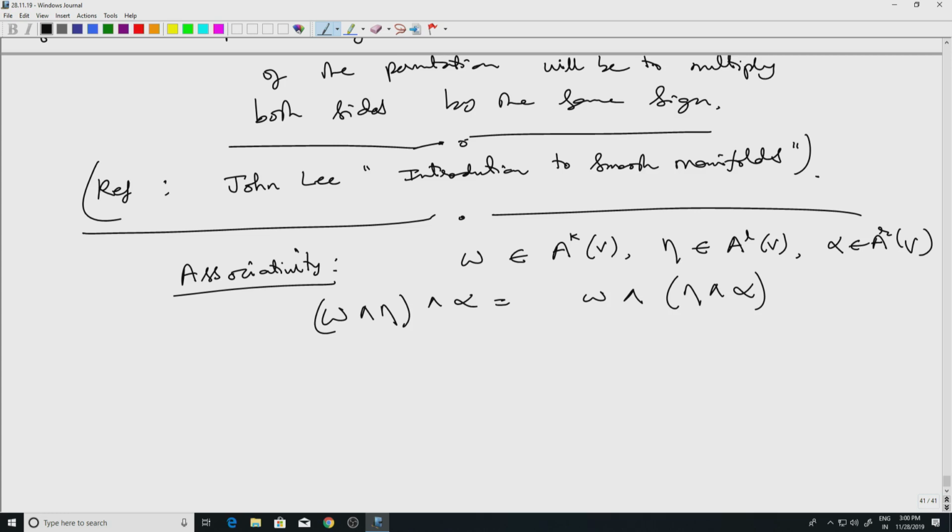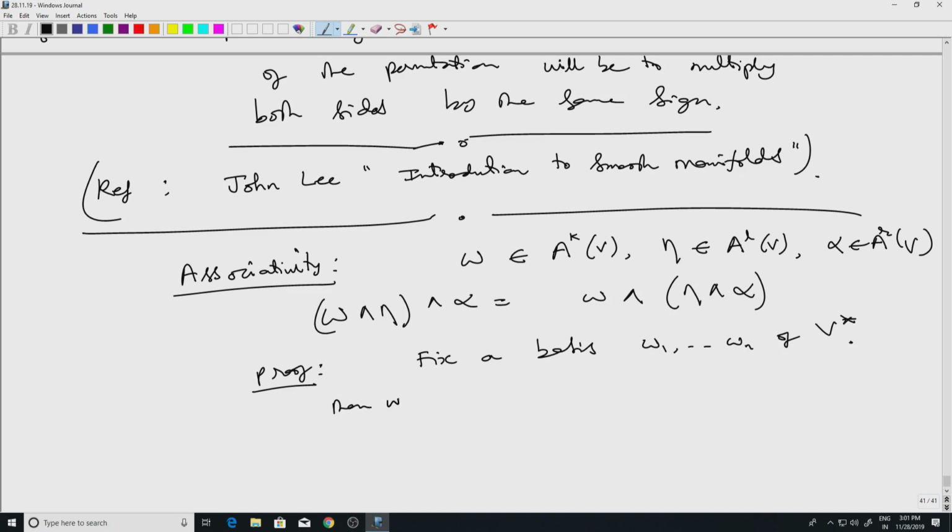Now what we can do, with all that we have discussed so far, is use the nice basis we have for AkV, AlV and ArV. Fix a basis omega 1 through omega n of V star, the dual space.